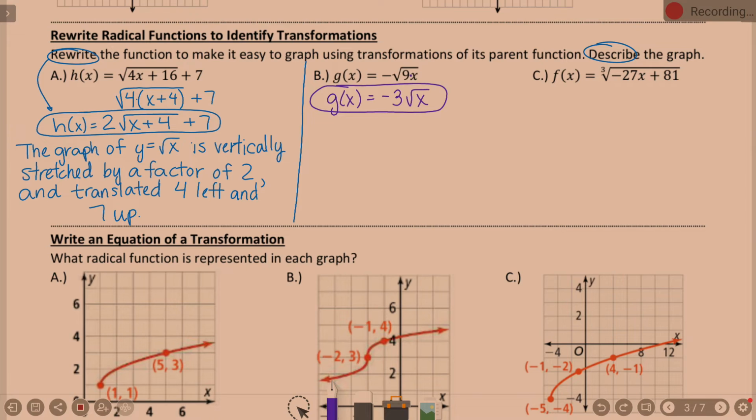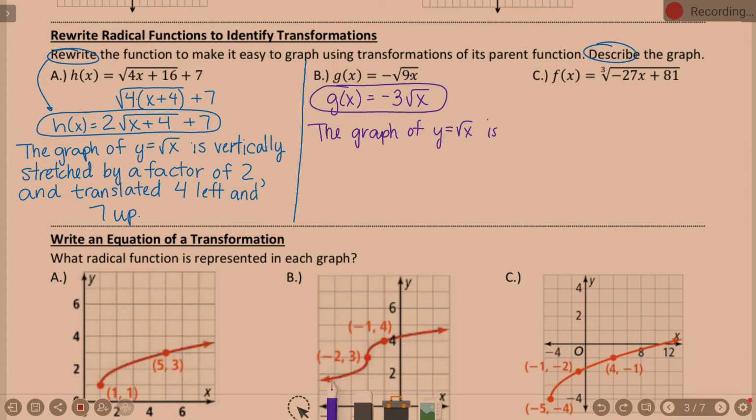Okay. Reflection across the x-axis because of the negative. The 3 tells me to vertically stretch it. And what graph is this being done to? Square root of x is my base graph again. So I'm going to write this similar to last time. The graph of y equals square root of x is, and when it comes to the stretch and the reflection, it doesn't really matter which you put first.